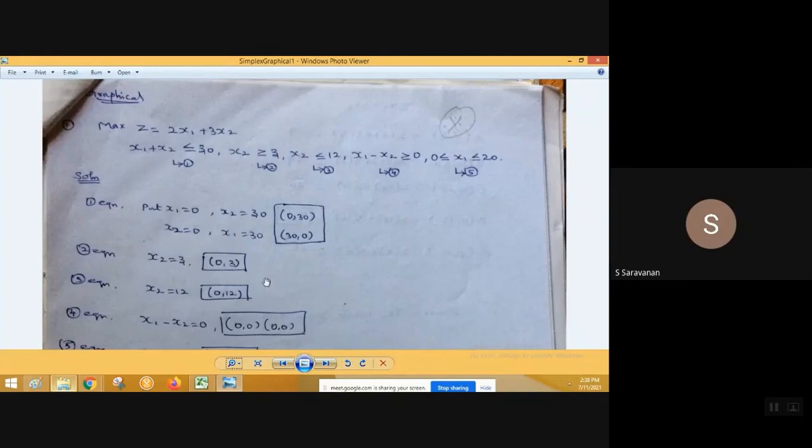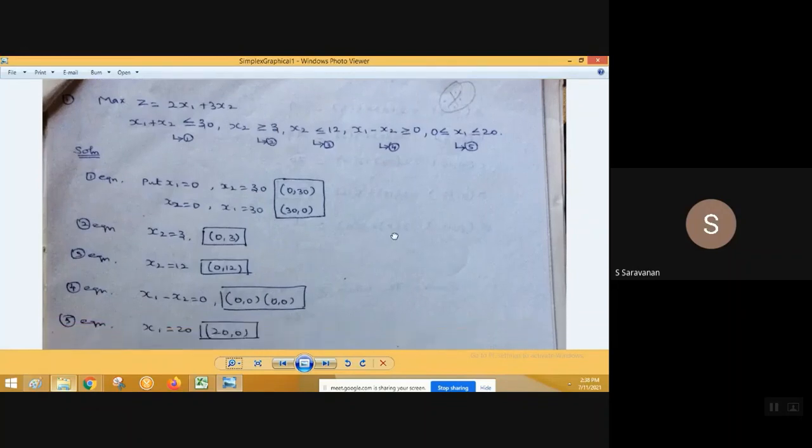So 0 comma 3, only one coordinate. Similarly, in the third there is only one coordinate, 0 comma 12. Equation 4, when you substitute x1 equal to 0 or x2 equal to 0, it is going to be 0 because the right hand side is 0. So 0 comma 0 is the origin.